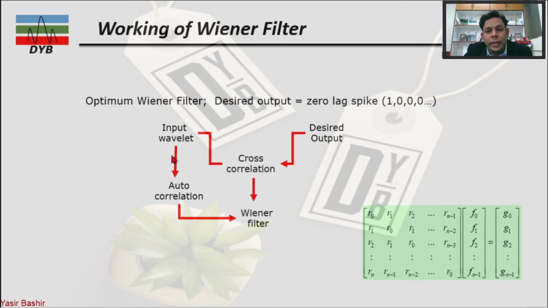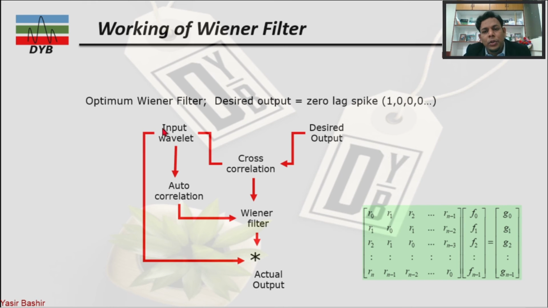The other thing we do is take the input wavelet and autocorrelate it, and this comes to the Wiener filter. Then the input wavelet also comes directly to this stage, and this Wiener filter is convolved with the actual output to get the desired output.